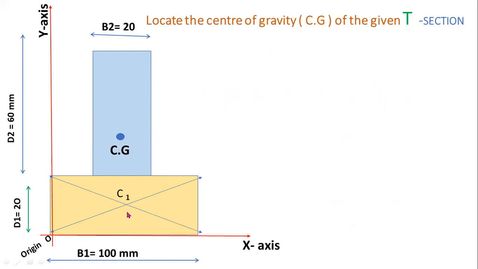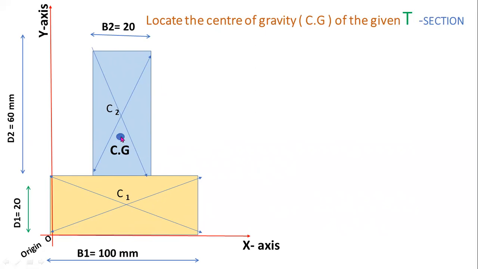Here C1 and C2 are the individual centroids. C1 is the centroid of the bottom rectangle. C2 is the centroid of the vertical rectangle. But CG is the centroid or center of gravity of the entire lamina, for the entire section.